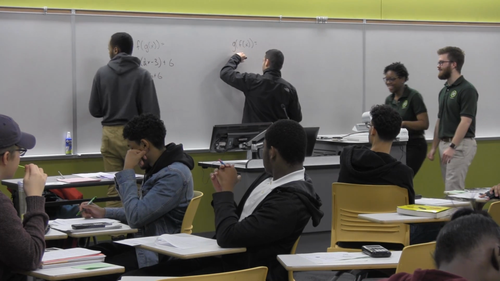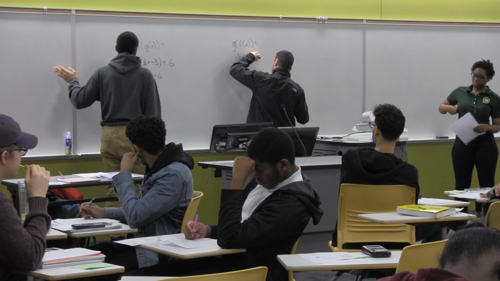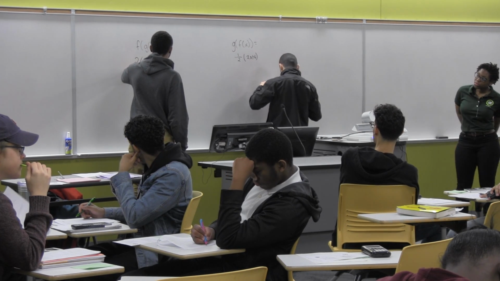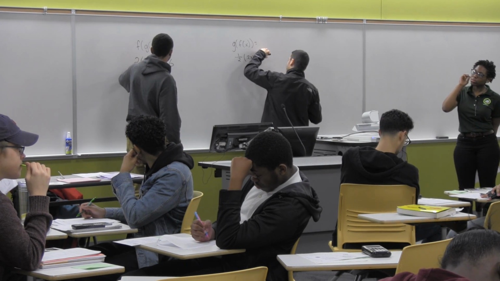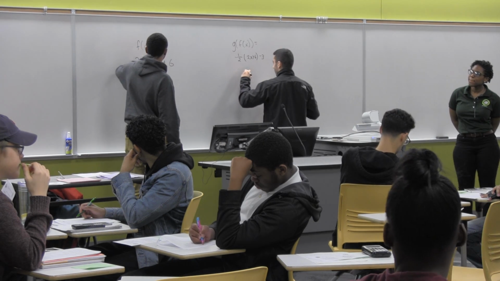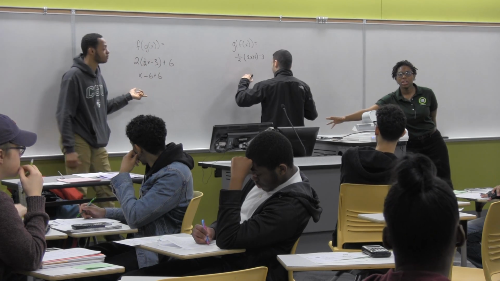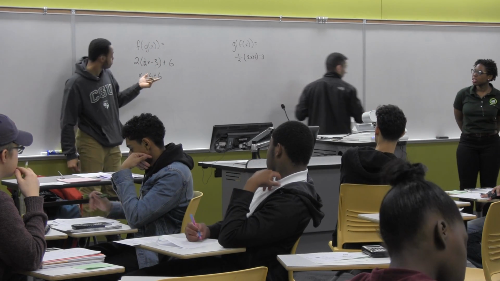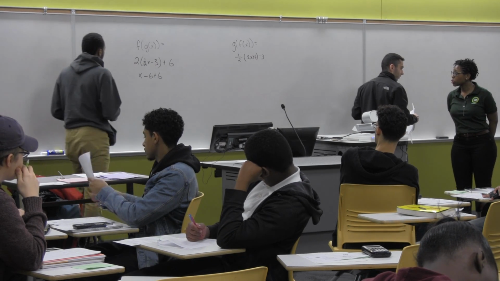Alright, so given these equations, we start off with 2x plus 6, and then 1/2 x minus 3. So basically, I said f of g. Can everyone hear and see what George is doing? Okay, let me draw out what I did exactly.